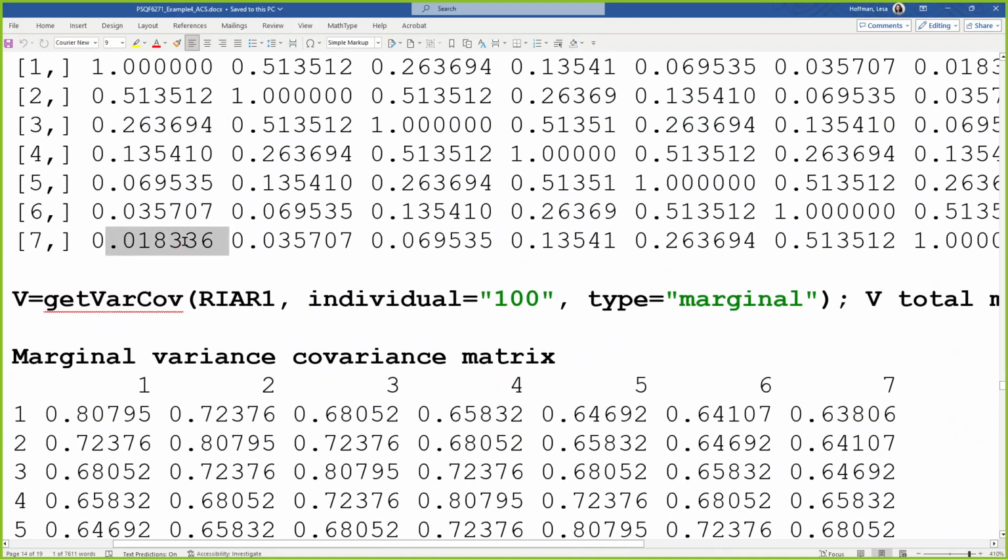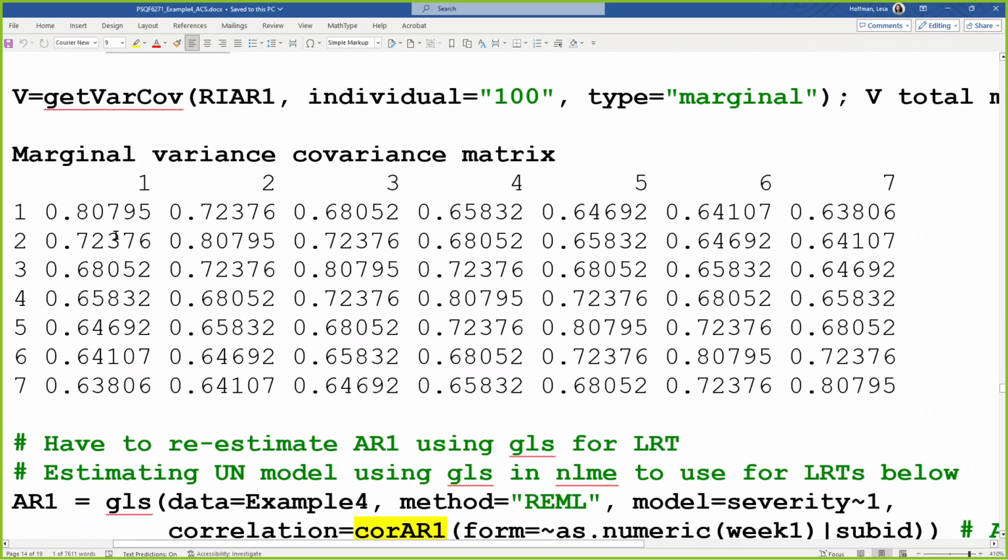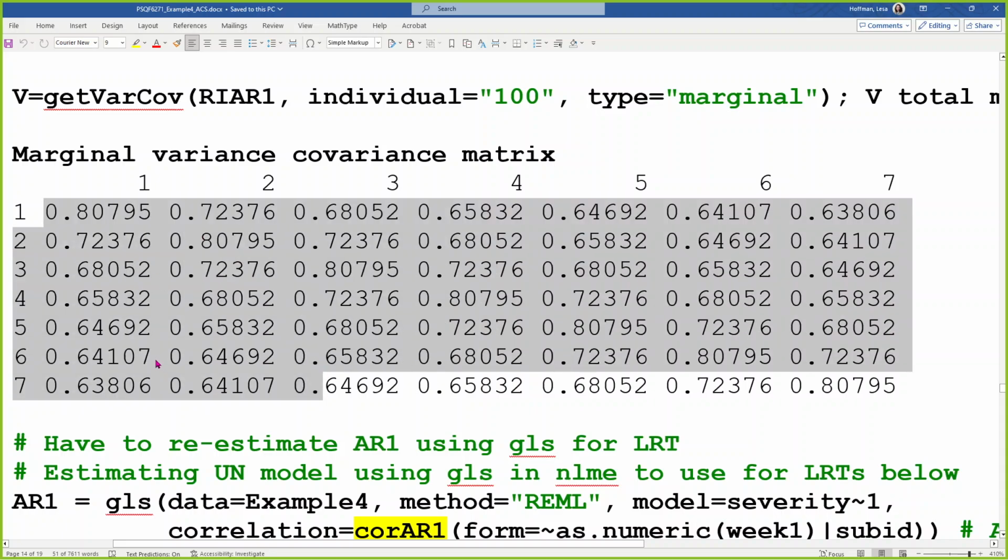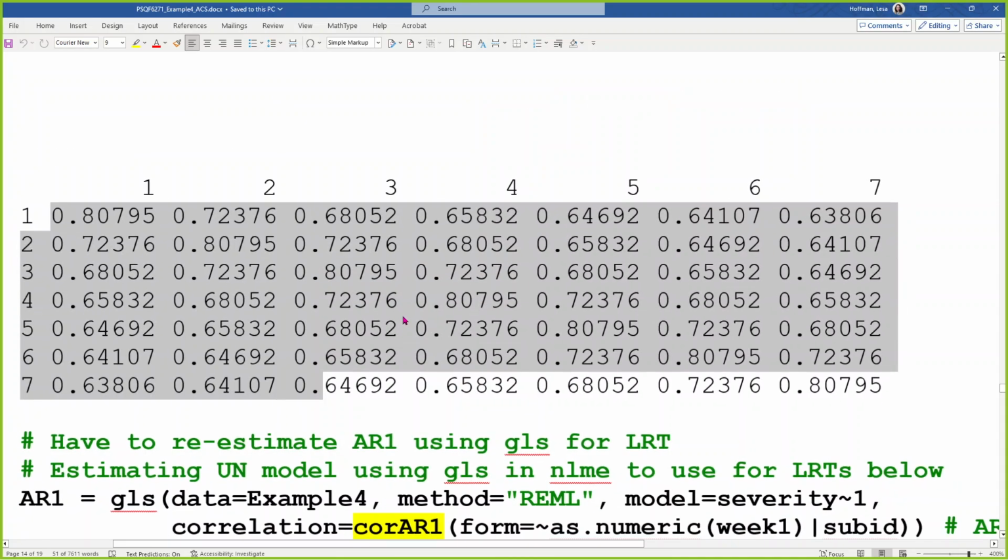A correlation of 0.02 is what is predicted between the first and last occasions. The V matrix, though, right below it, still has a lot more covariance in it because of the random intercept. So putting the random intercept back in says there's an additional constant source of correlation beyond the autocorrelation that is customized to which particular 2 occasions.